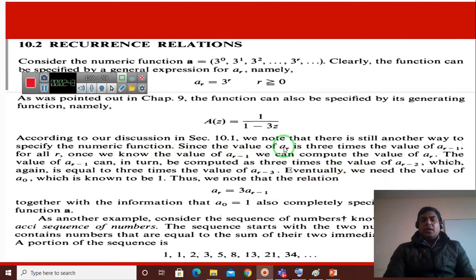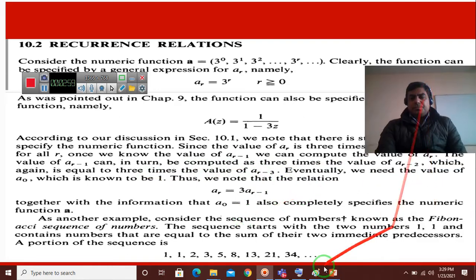If you want to calculate ar, ar minus 1 should be calculated first. If you want to calculate ar minus 1, ar minus 2 should be calculated first. Ar minus 2 needs ar minus 3. So this is the sequence.